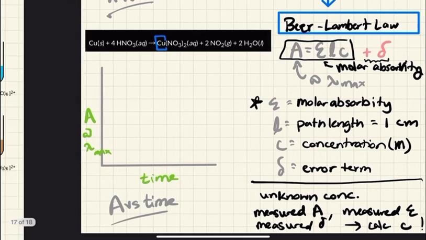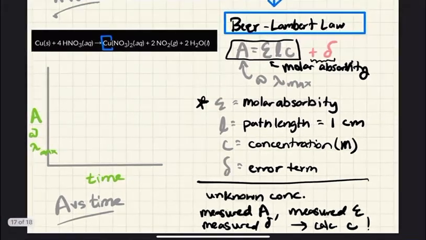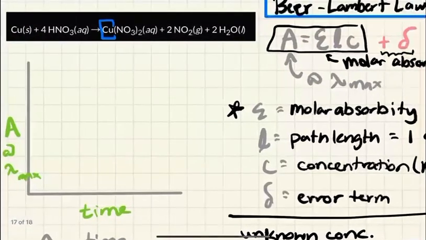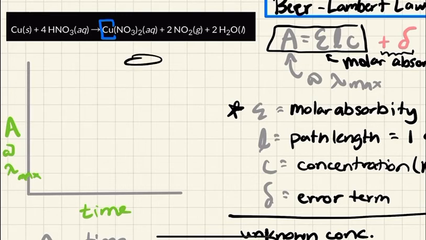Okay, so when we get to the last part of the experiment, you will be looking at the reaction between a copper metal strip and nitric acid. And the copper metal strip in your solution, so I'm just going to kind of draw it. I'm going to draw the copper in orange because copper's kind of orangish looking. So let's say you had this here, and this is your nitric acid with your copper.